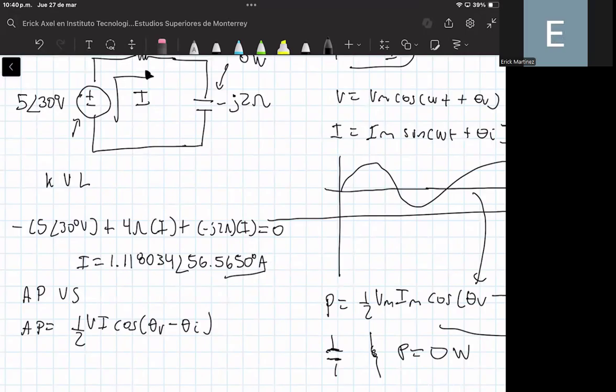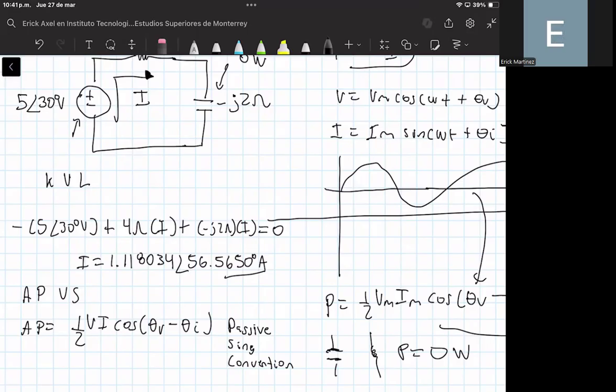Based on the passive sign convention, we will say that the power source is supplying power to the circuit if the current is entering through the negative terminal.